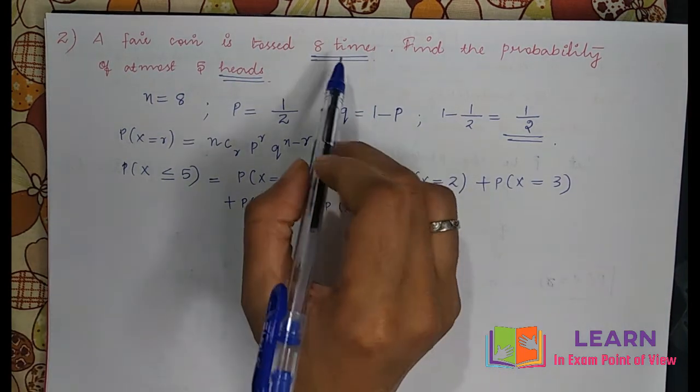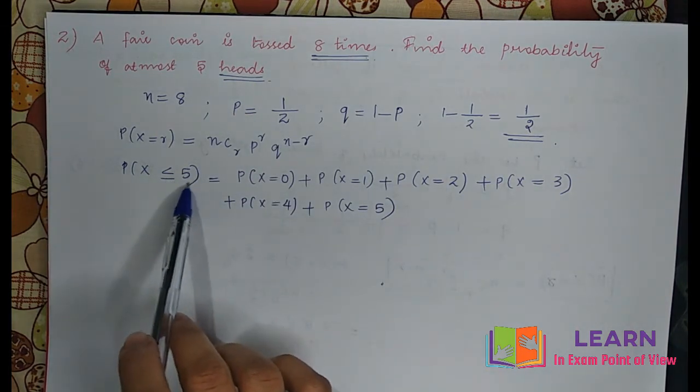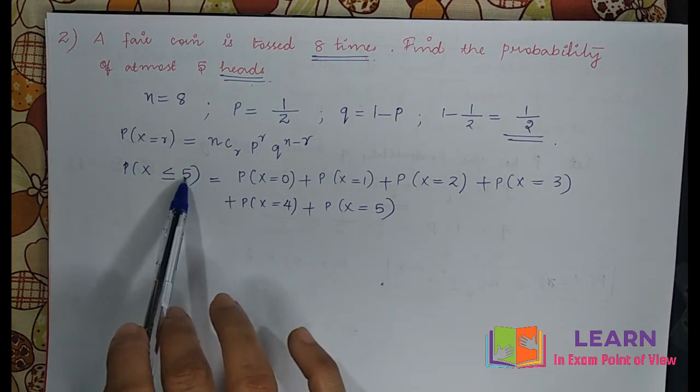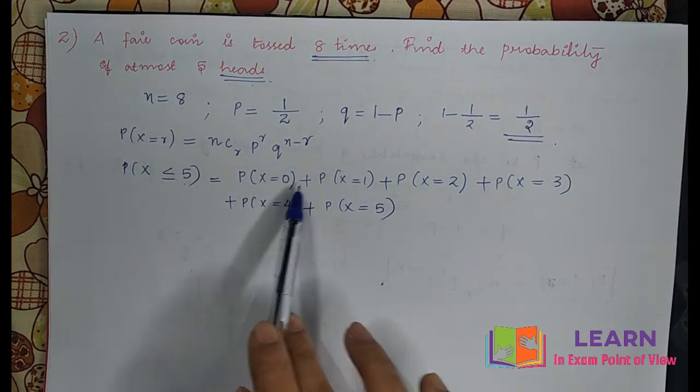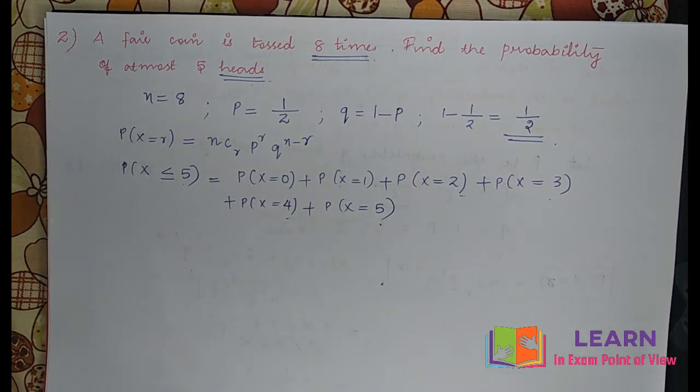So in the tossing of 8 times, x less than or equal to 5, that much, at most 5 heads. So 0 can come, 1, 2, 3, 4, 5. Adding everything you will get the answer.